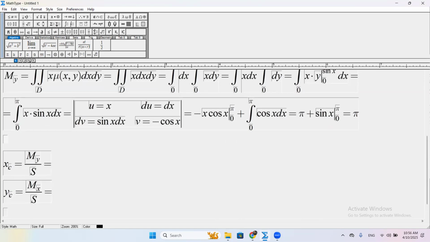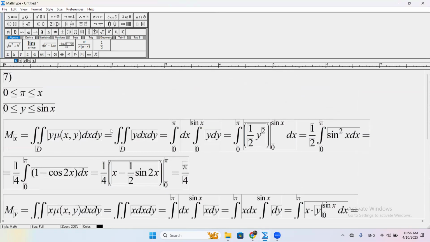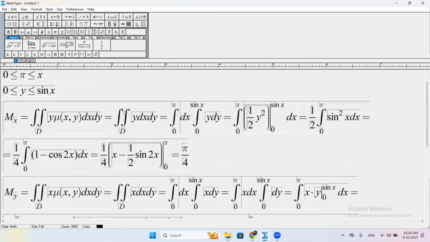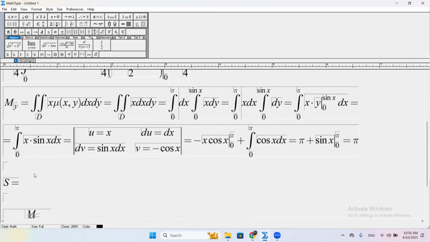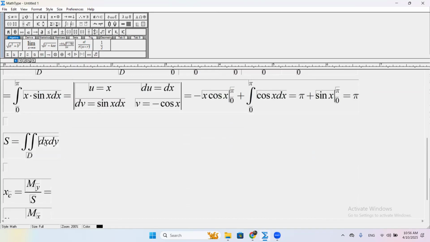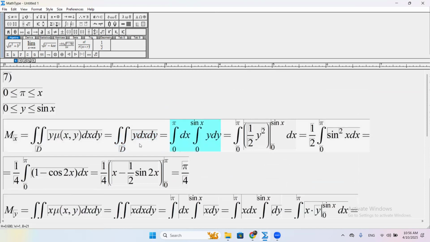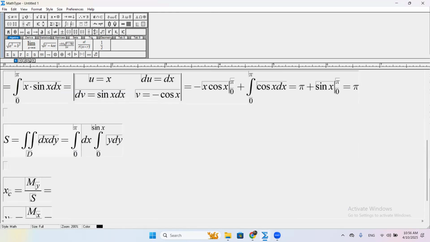Now let's calculate the area of this region. It will be calculated by the following integral. We just integrate 1. So what do we have here? So it will be sine of x dx.